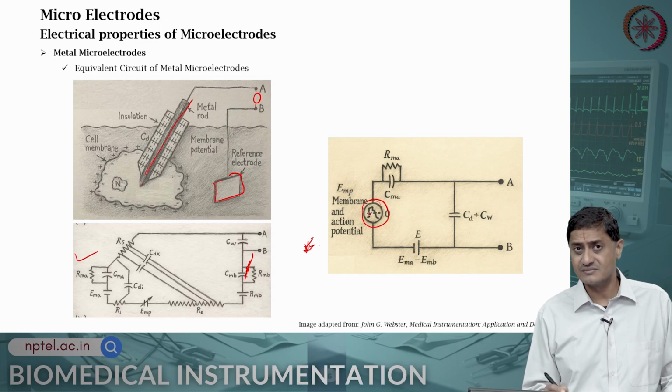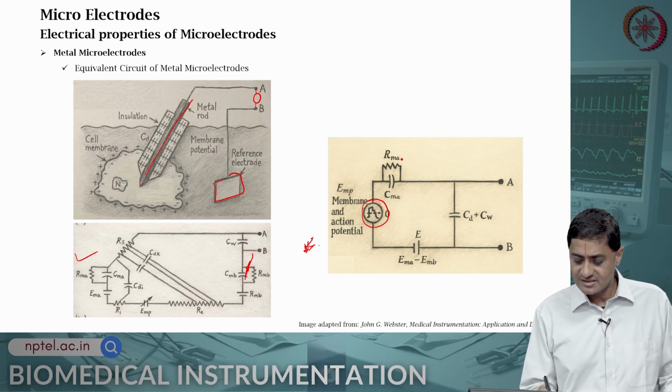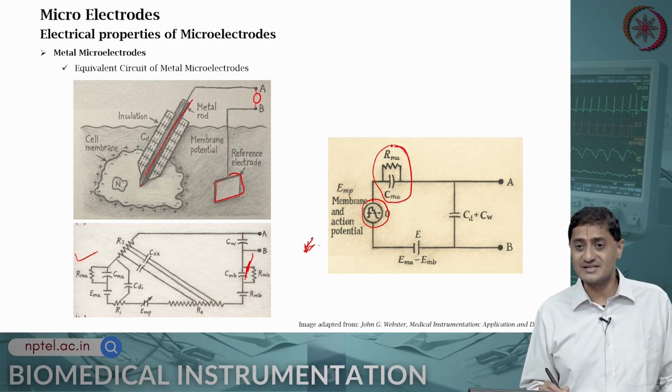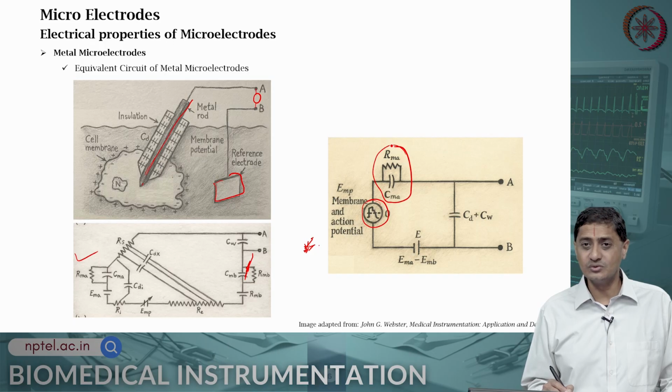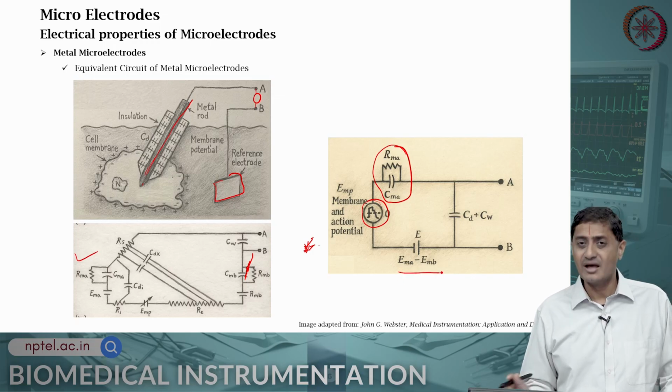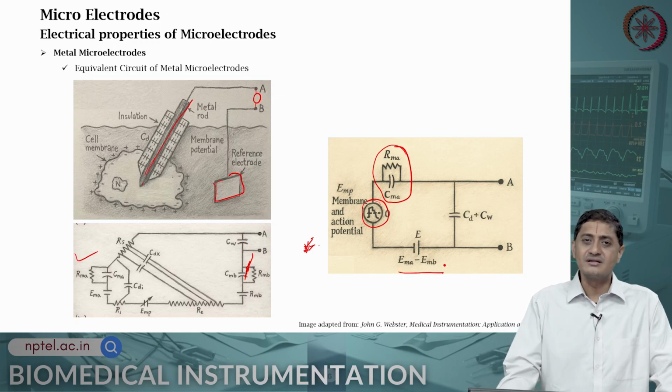This is the battery whose potential I am trying to measure, and then I have a series resistance, a resistance and capacitance that is due to the microelectrode itself. Then I have another potential.